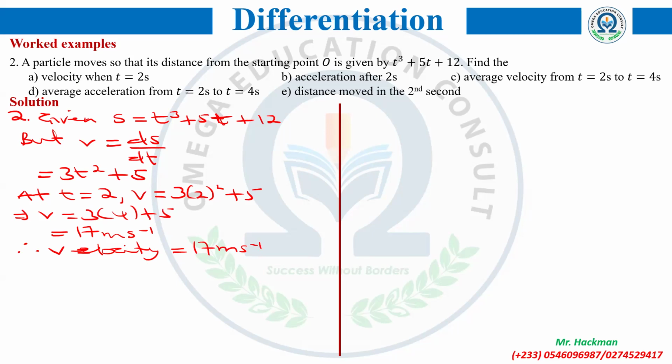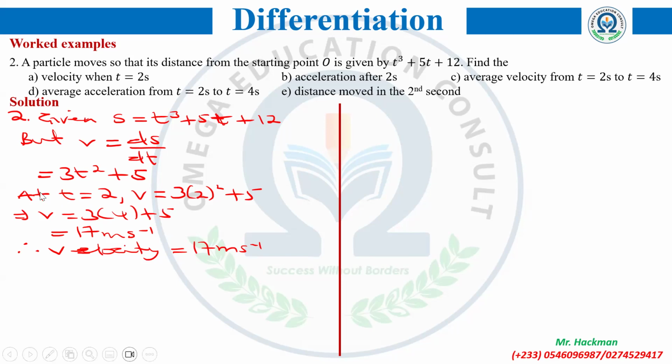Mr. Hackman asks: are you supposed to indicate that the velocity at t is equal to 2 in your conclusion? No, you've already stated that one up here. So we know that we are finding the velocity at t is equal to 2. So when you conclude, don't go and write "at t is equal to 2" because you've stated it up here.